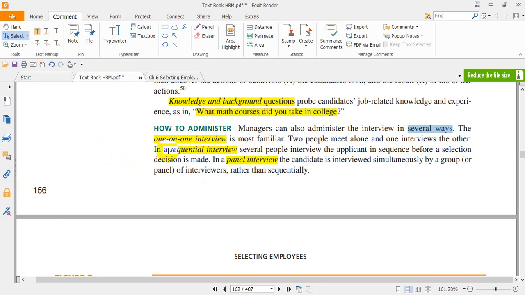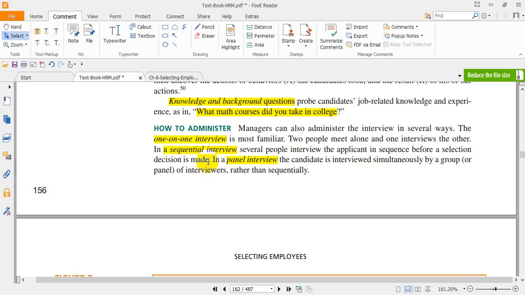There is another type. In a sequential interview, several people interview the applicant in sequence before a selection decision is made. Not one-on-one, sequential.